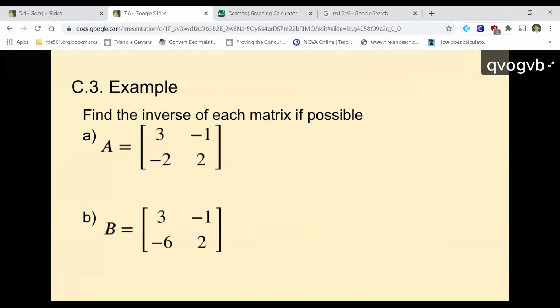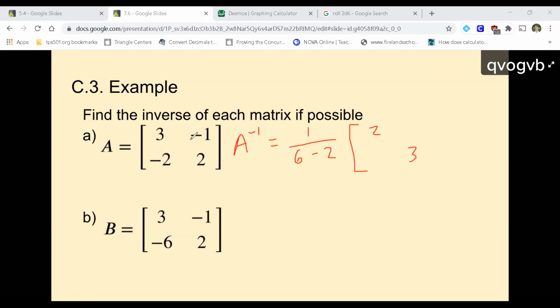I'm going to say that the inverse of A is equal to 1 over the determinant. So cross multiply and subtract. That'd be 6, plus 2, so this will really be minus 2. Then I multiply that by this weird transposition. So flip A and D, so this becomes 2, 3.